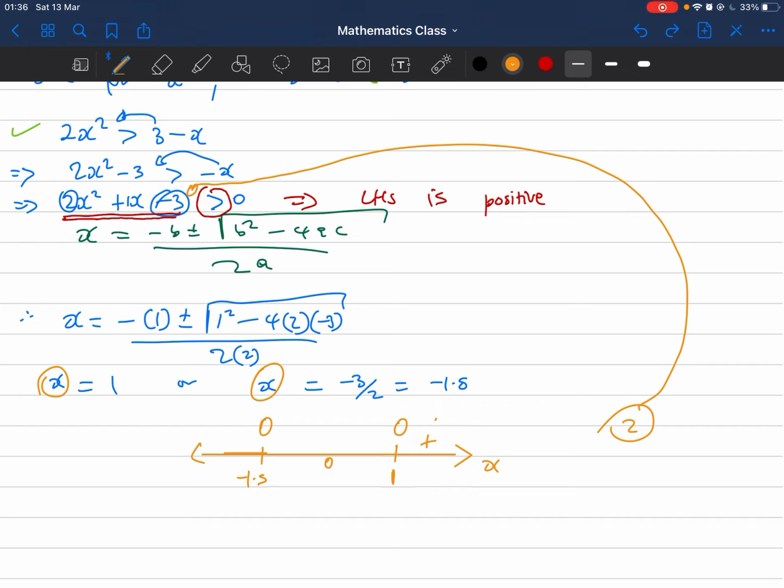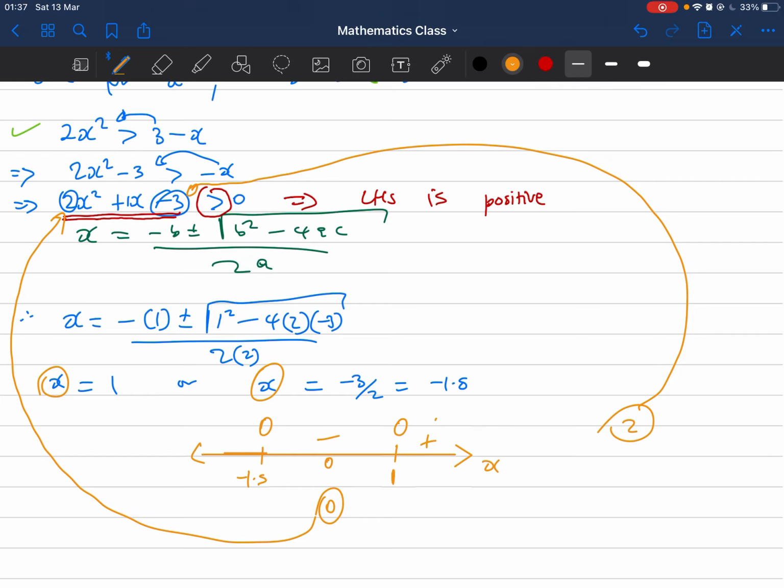I want you to substitute it back into that equation. For example, take 0. Substitute that 0 back into the equation and see if you get a negative or positive number. If you put it in your calculator, you see that you get negative 3. So you have a negative number.